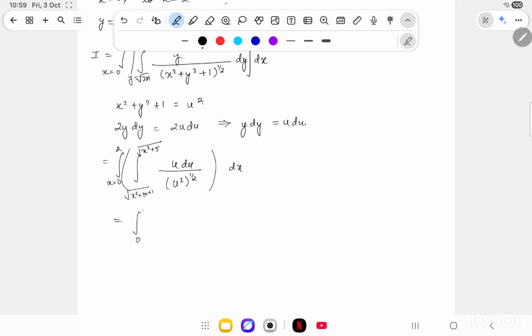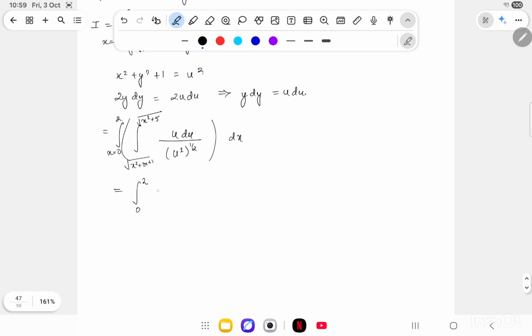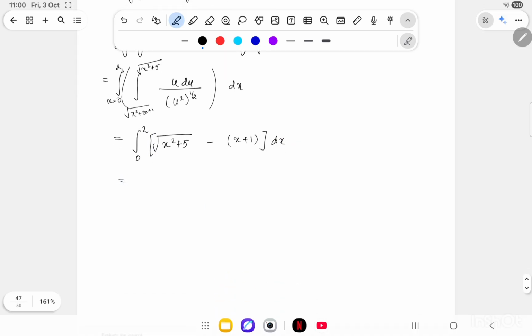So this is equal to the integration over x from 0 to 2 of under root x square plus 5 minus x minus 1 dx. Now if we take its integration, it will be x by 2 under root x square plus 5 plus 5 by 2 into sine hyperbolic inverse x by under root 5, minus x square by 2 minus x, and the limit varies from 0 to 2.